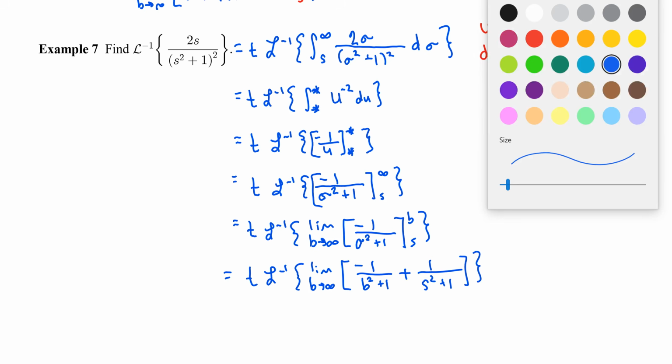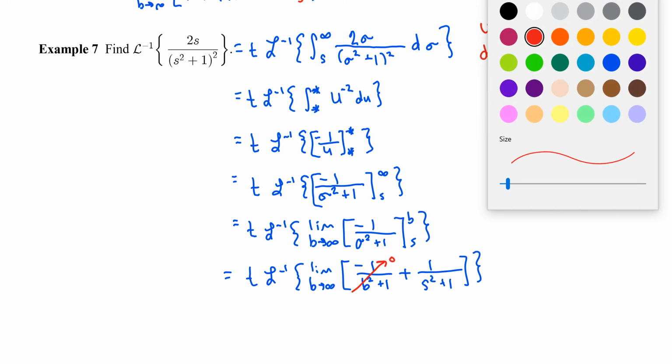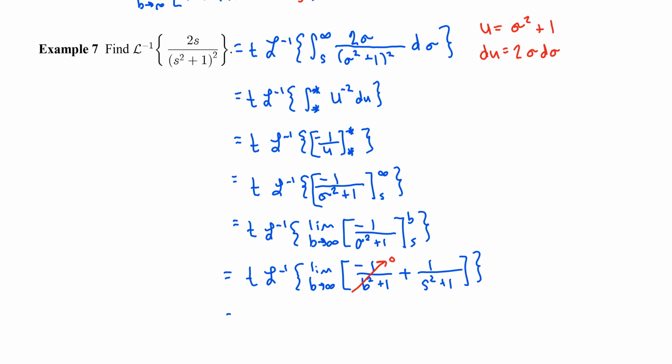As b approaches infinity, this first term is going to go to 0. So we have t times the inverse Laplace transform of 1 over s squared plus 1.